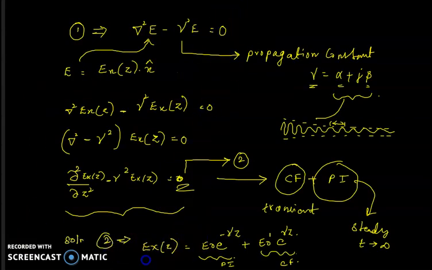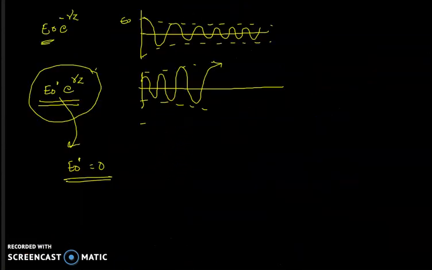Hence the solution of the homogeneous differential equation, E of x, is E naught e power minus gamma z. From this expression, it is clear that the steady component of E of x is steady as time propagates.